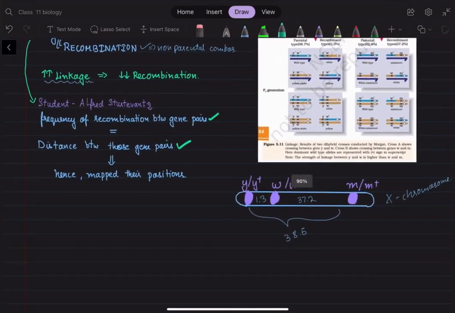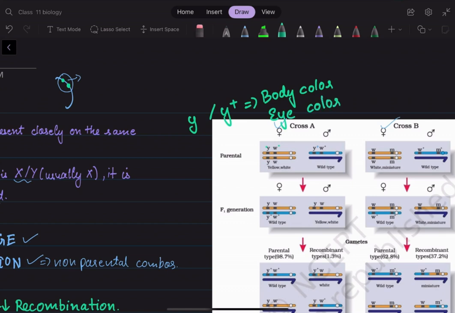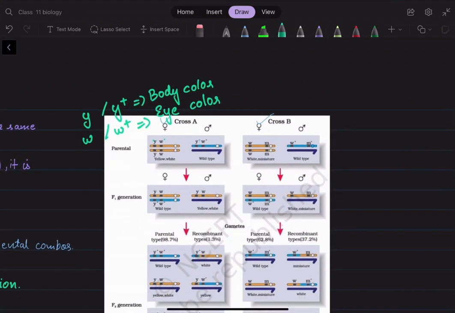We have here three things. First is Y or Y plus. Y plus is the dominant character, Y is the recessive one. This refers to the body color. Then we have the eye color, that is W or W plus.